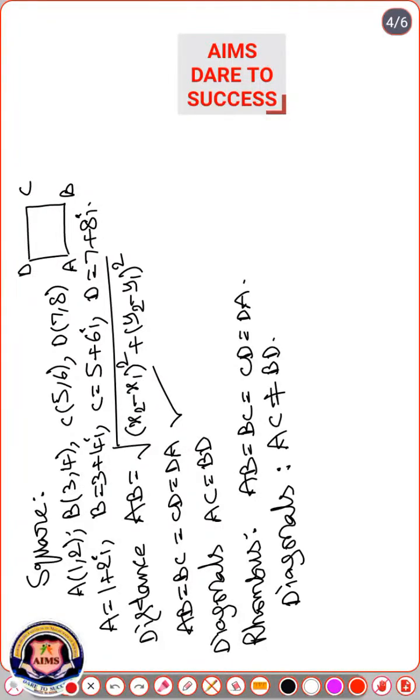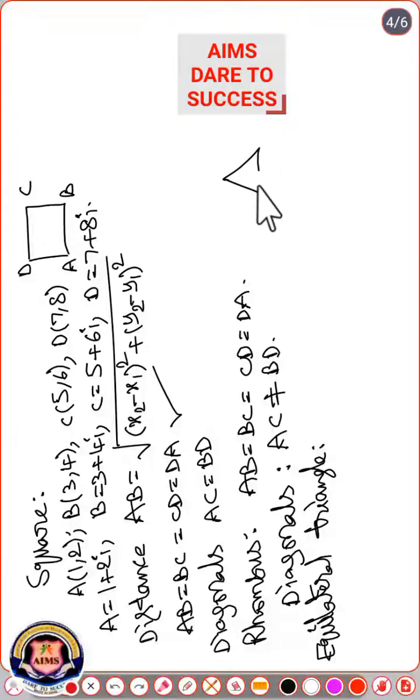Okay, next, equilateral triangle. An equilateral triangle means we will have 3 points only. In an equilateral triangle, all sides are equal, that is AB is equal to BC is equal to CA.